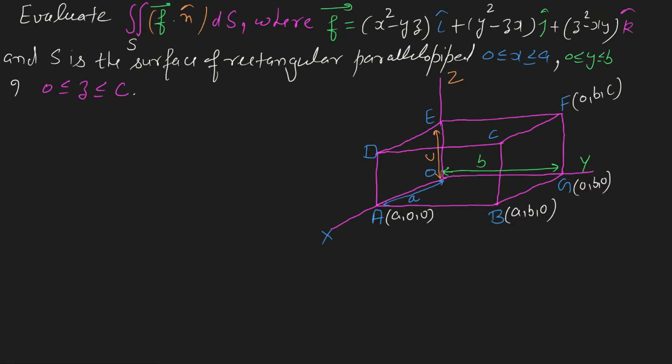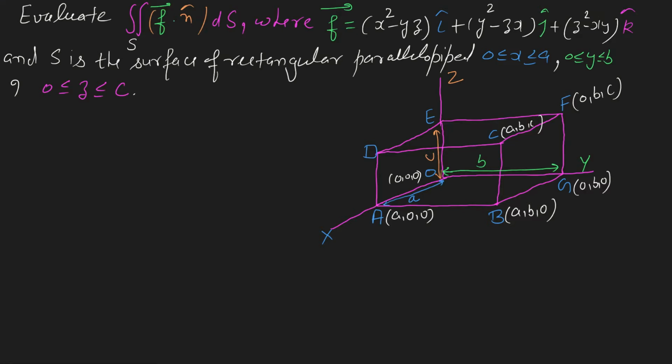Now look over here, this point C is in the outer direction, in x, y and z all, so it will have all three coordinates a, b, c. This point O is the origin, so its coordinates will be 0, 0, 0.